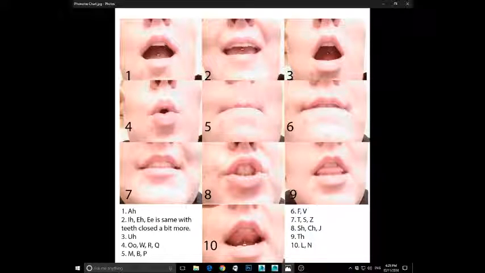I did forget D, but D can stick in there with T, S, and Z, as well as G. So basically you just take these 10 basic shapes, and it will make pretty much any word in the English language, or any word in almost any language, unless you have one of the complicated ones that are hard to pronounce.